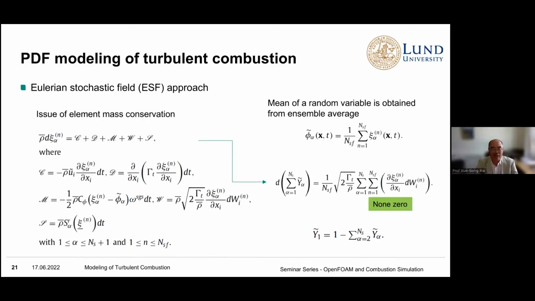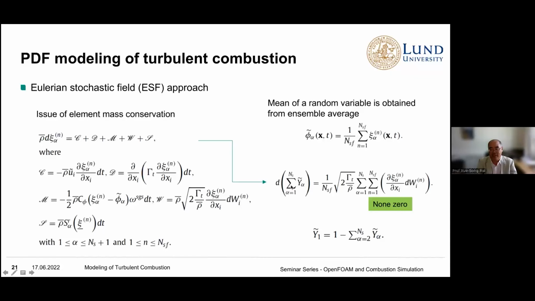When we do summation over all stochastic fields and over all NS species, we see on the left-hand side we obtain the sum of all species mass fractions. We know that this should be 1. On the right-hand side, however, because of dW_n weighting the gradient term, this is not 0.